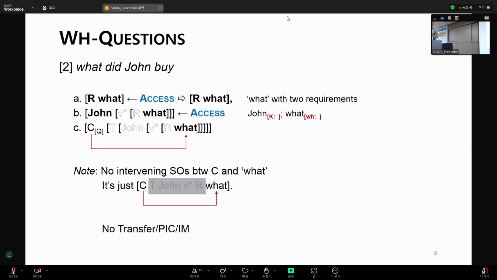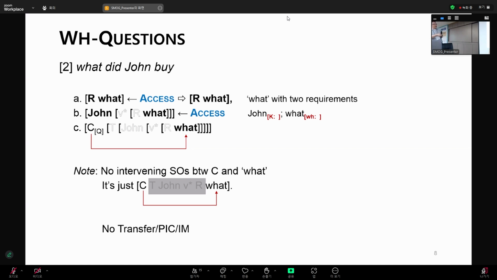But notice that, as I said, all of the elements intervening between CQ and what have been invisible or inaccessible or inactive. So basically what CQ sees, from here, it doesn't see all of the intervening elements. It can only see what over there. So the distance doesn't matter.